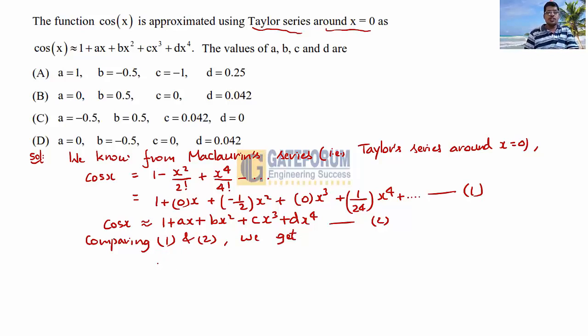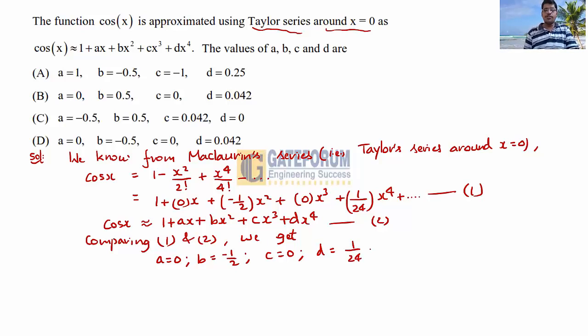1 is equal to 1, constant. So coefficient of x is nothing but, a is equal to 0. Coefficient of x square equating, b is equal to minus 1 by 2. Coefficient of x cube equating, we get c is 0. Coefficient of x power 4 equating, that is d is equal to 1 by 24.